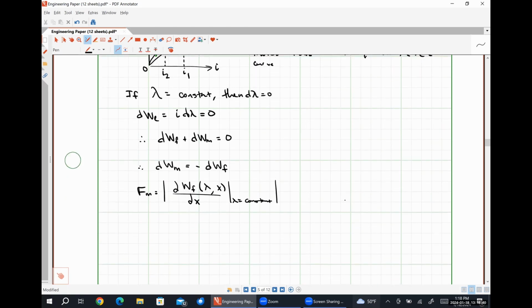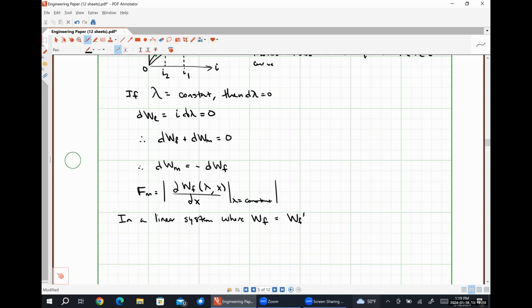In a linear system, where our field energy and our co-energy are the same thing, effectively that means that we're going to get the exact same result regardless of how we look at this thing.